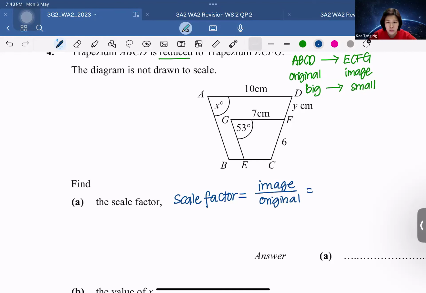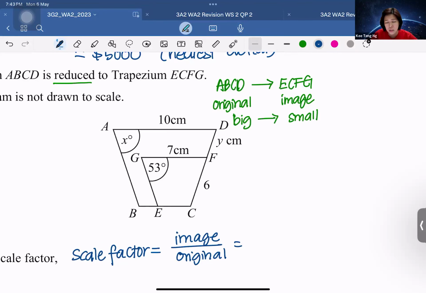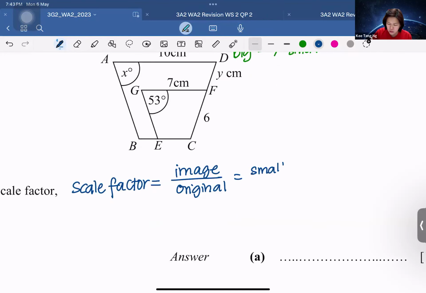Okay, it's a reduction. Which one is my image? The big one or the small one? Nobody answered me already. So if it's a reduction, big to small, which one is my image? The small one or the big one? Yes, the smaller one is the image, correct? So I'm going to use the small over the big.